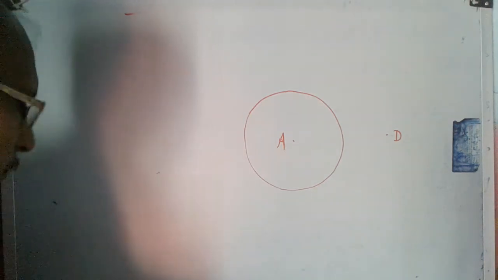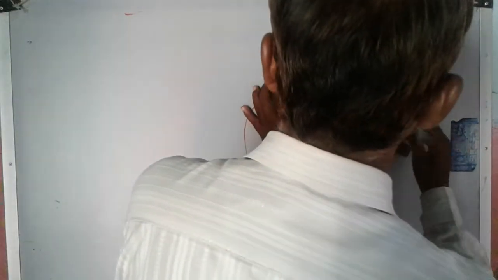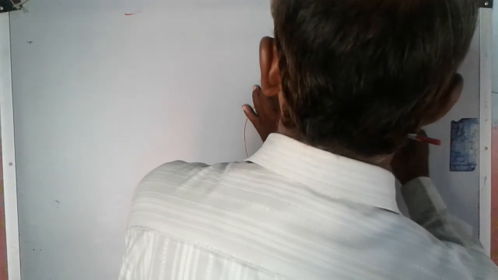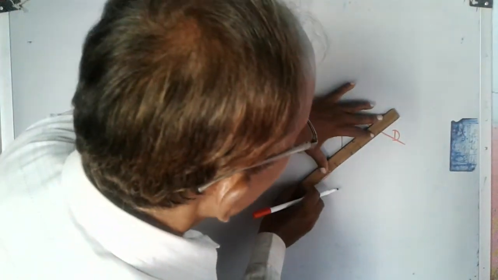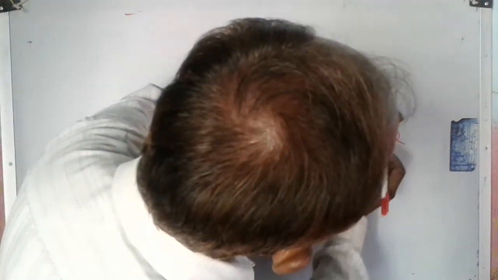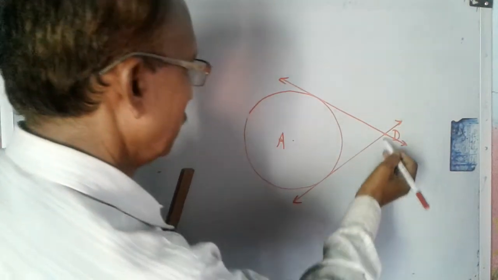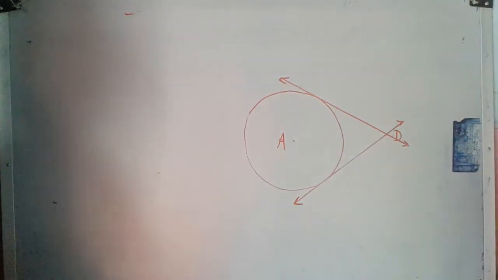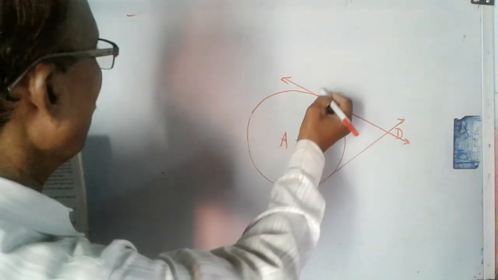So we draw the tangents from point D. This is one tangent. This is another tangent. Suppose these tangents intersect the circle in points P and Q.